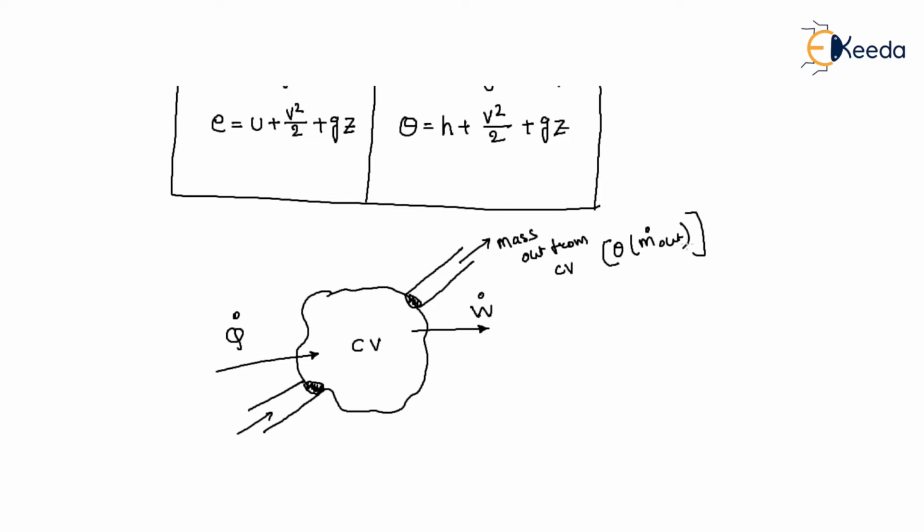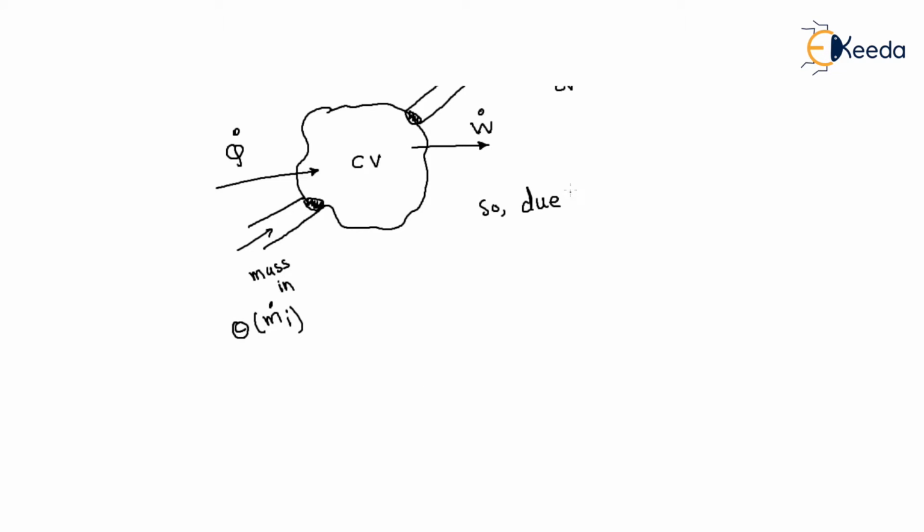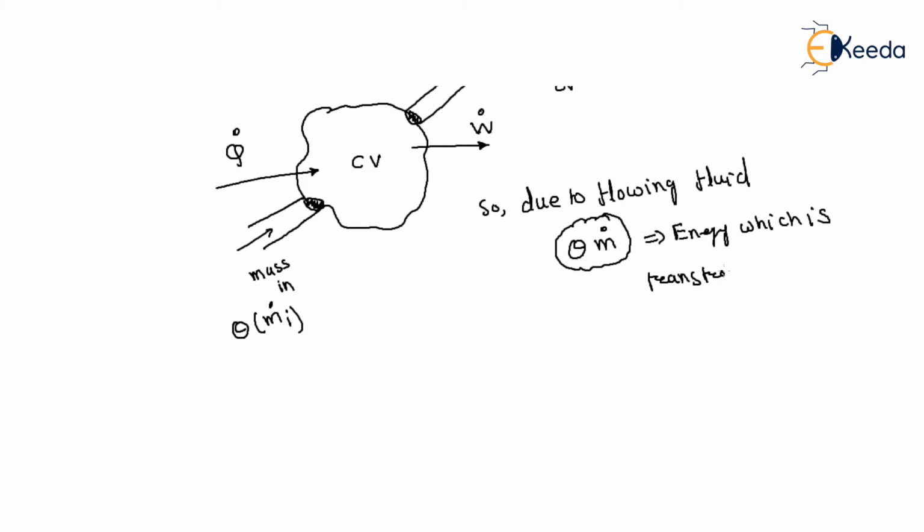So due to flowing fluid, theta into m dot is the energy which is transferring with respect to the control volume system, right?